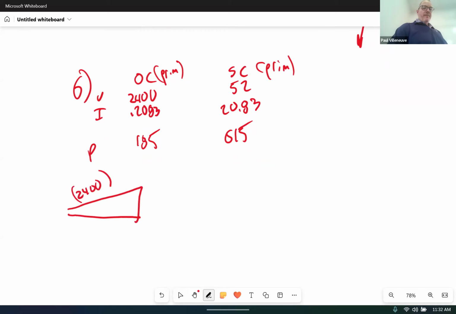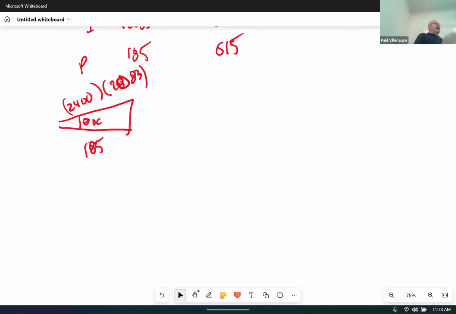2400 times 0.2083, 185. You should be able to calculate theta open circuit, right? Open circuit test solved for R sub C and X sub M. So Y open circuit is going to be equal to I open circuit divided by V open circuit.